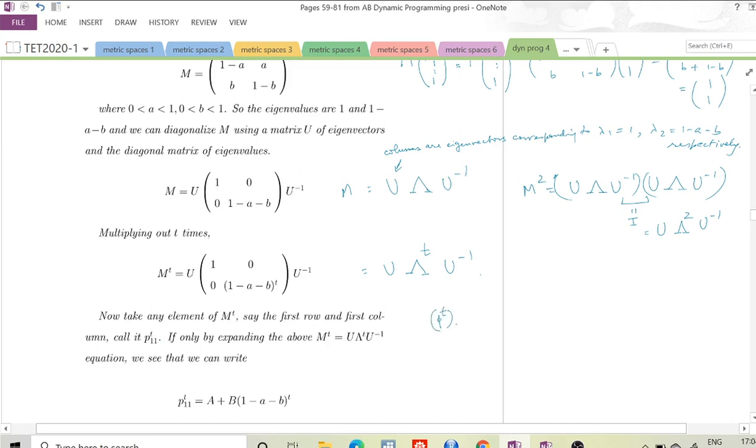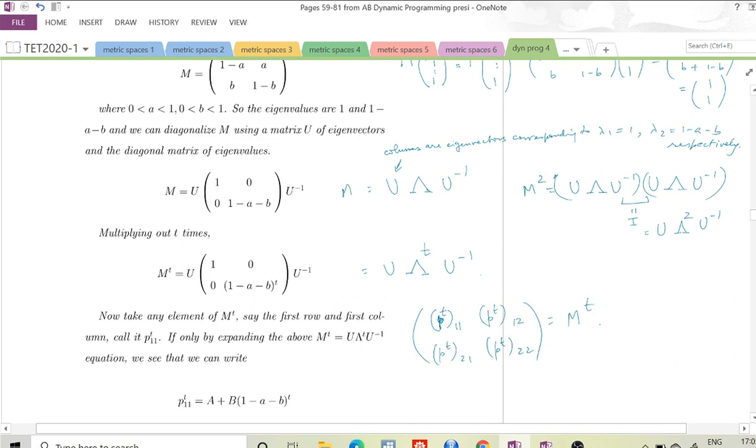Remember that PT was our notation for the stochastic kernel associated with M raised to the T, right? So I'm saying this is the 1,1th element of P raised to the T. This is the 1,2th element, 2,1, 2,2. Okay, so that's M raised to the T, right?